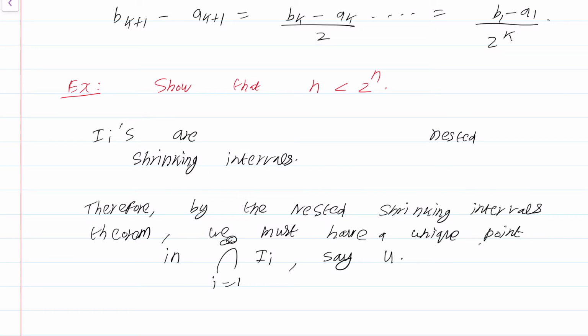Now, I want you to do the following. Pause the video, look through the notes where we proved the nested intervals theorem, the Archimedean property, the nested shrinking intervals theorem, and so on, and make sure you understand that both the nested intervals property as well as the Archimedean property are indeed being used to conclude that there is a unique point U in the intersection.